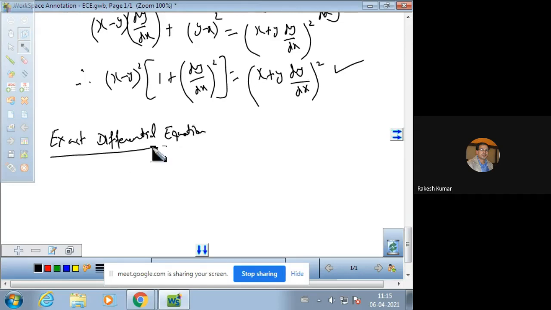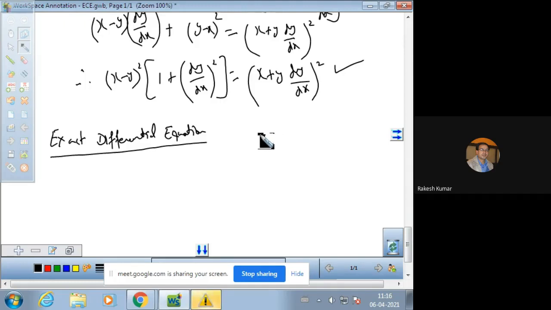A differential equation obtained from its primitive directly by differentiation without any operation of multiplication, elimination, or reduction is said to be an exact differential equation.